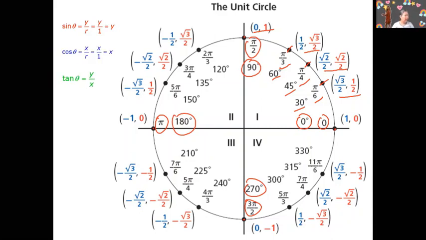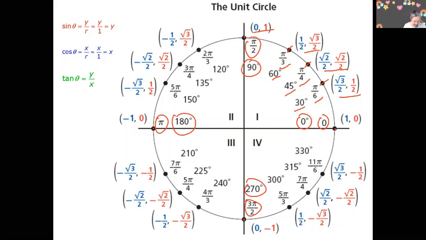Just to remind you, some of the practice problems ask for the sine, cosine, and tangent ratios as well. With this unit circle, you can download these notes from that page and print out these slides as your reference.